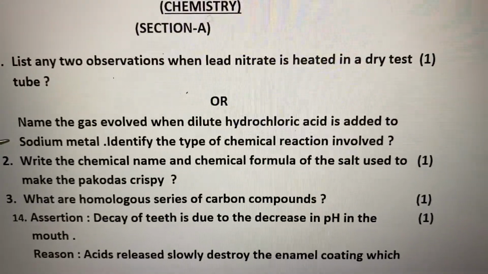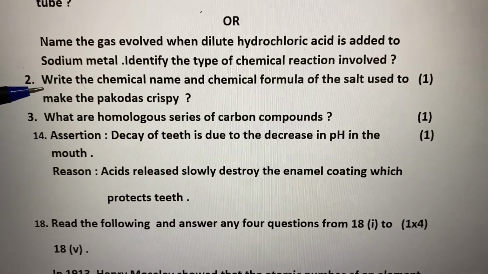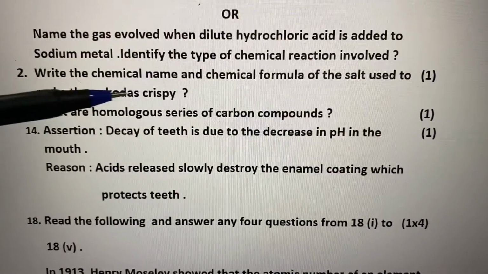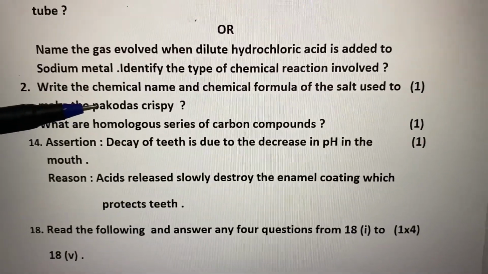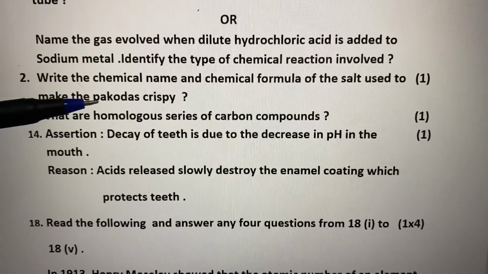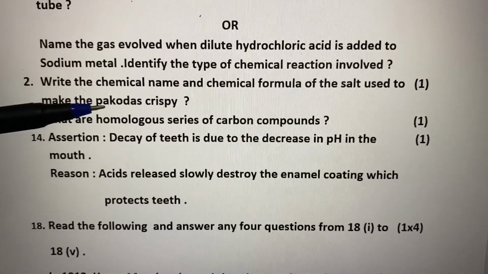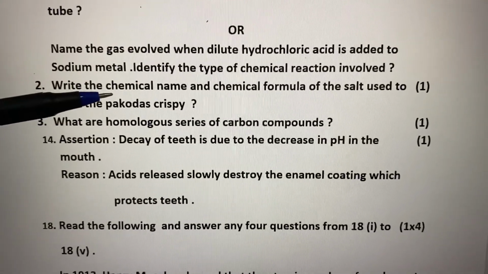Now question number 2. Write the chemical name and chemical formula of the salt used to make pakoras crispy. This is actually baking soda, that is sodium bicarbonate. In our food items we use this soda. So what is the chemical name?